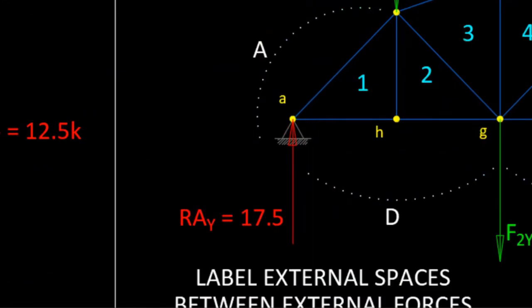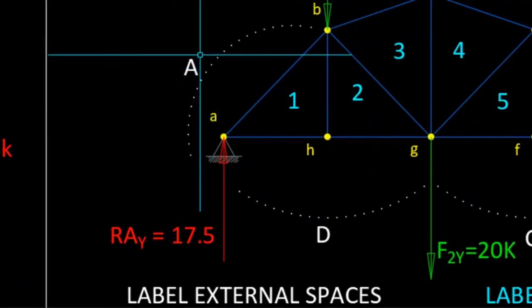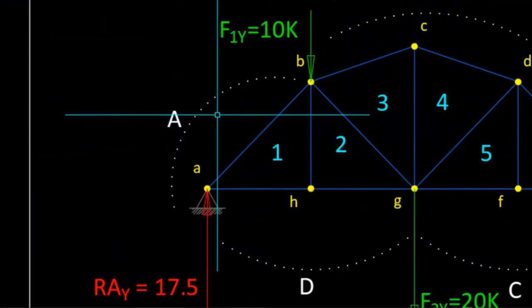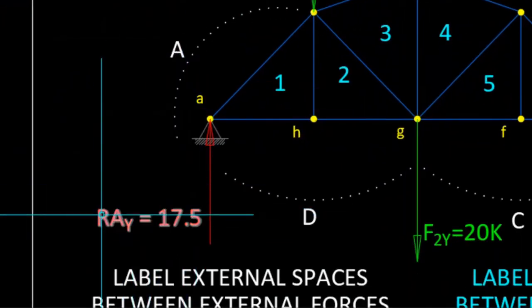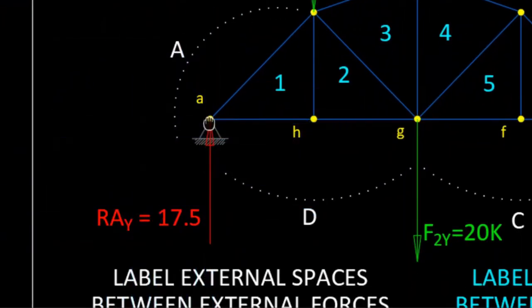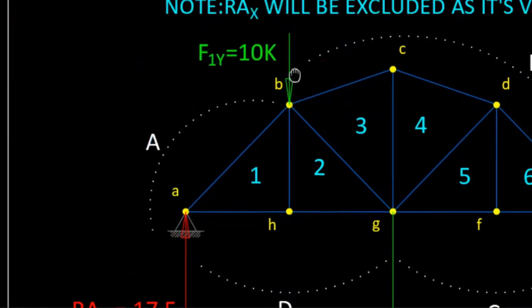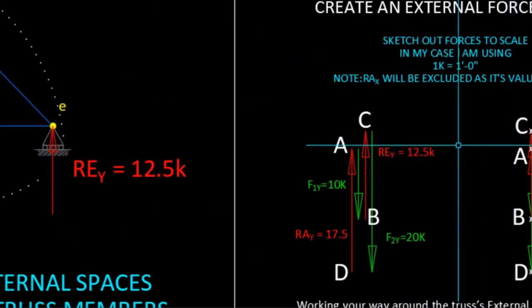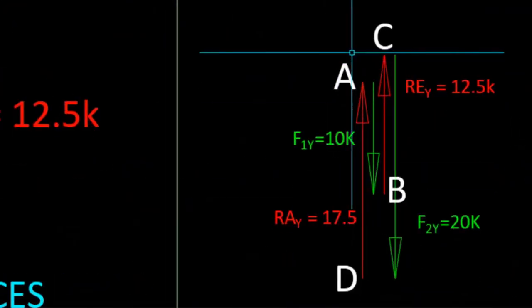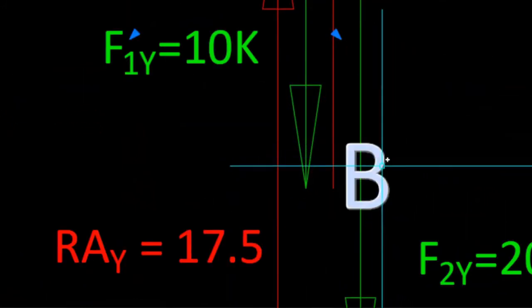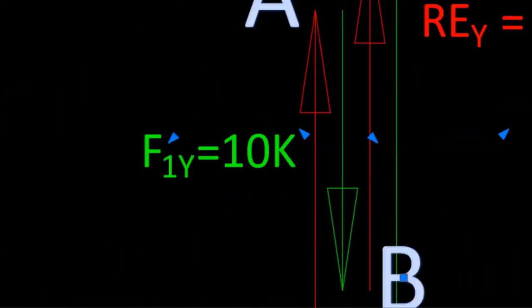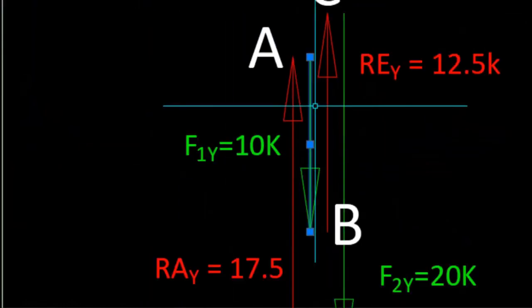So to begin, we can see that from space A, we have force RAY, and then we have force F1Y. So again, we go from space A to space B, and we have force F1Y.